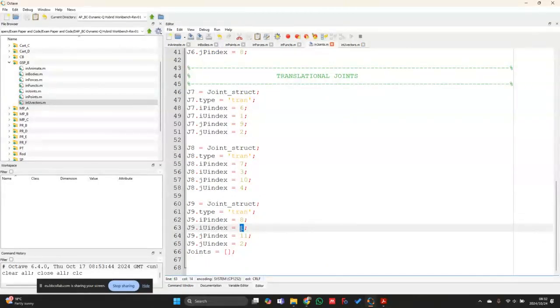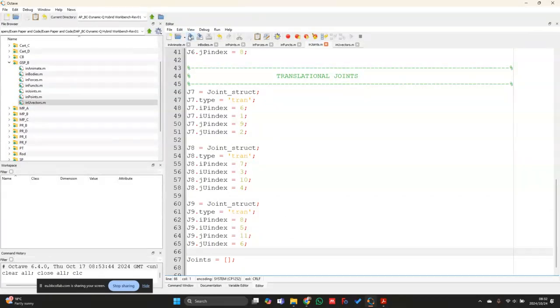I'm just going to say 5 over here and 6 over here. So I place 5 under IU index since it corresponds to the point on body 4, and then JU index, which is on body 7, corresponds to the point on body 7. So both of them are indicated with the J over here.